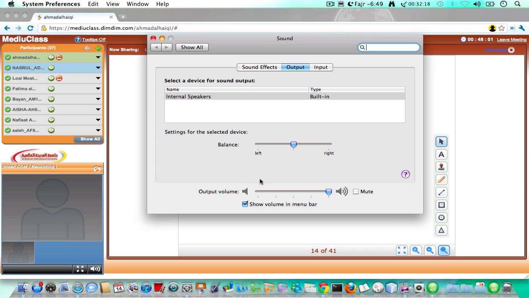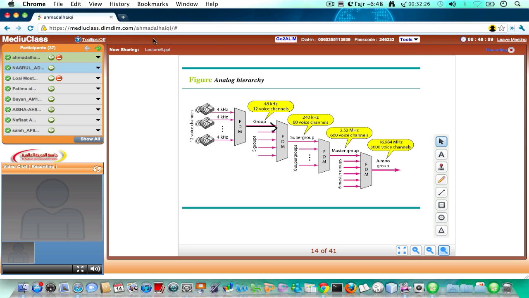This is called one group because each channel of these 12 channels is 4 kilohertz wide. So this group is 12 into 4. It is 48 kilohertz wide. 12 voice channels. Then this is the first step, but there are still other steps in the hierarchy.